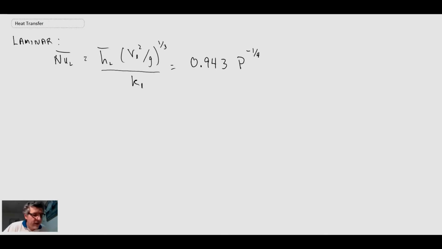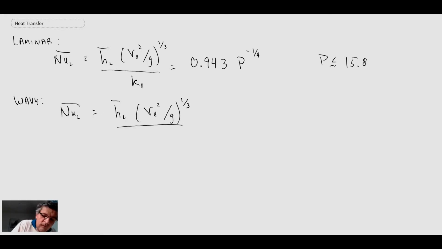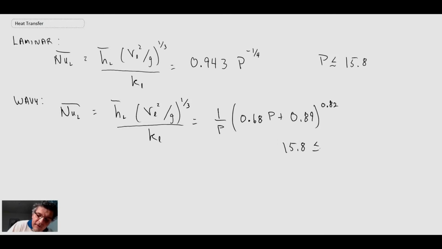And so we get that relationship there. Remember, for the Reynolds number, it applies if the Reynolds number was less than 30. Here, P needs to be less than 15.8, and that would indicate that we have laminar flow. For the wavy flow region, P is going from 15.8 up to 2530, and then finally we have turbulent.